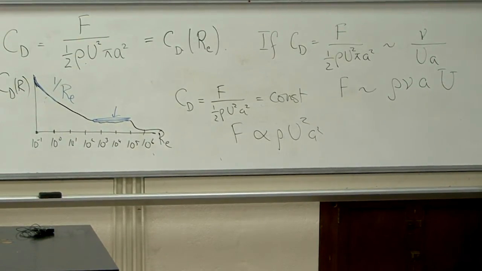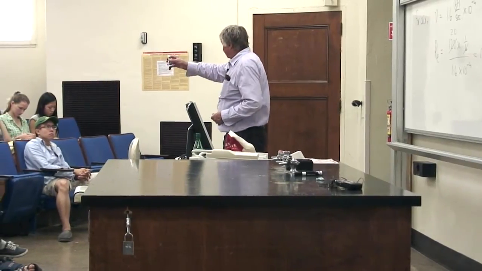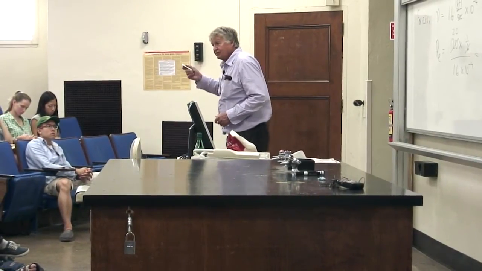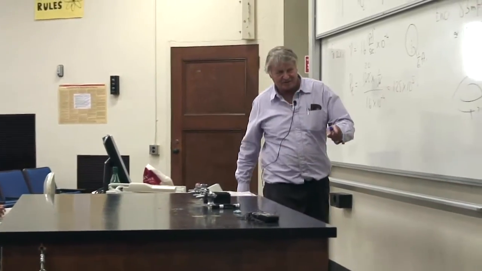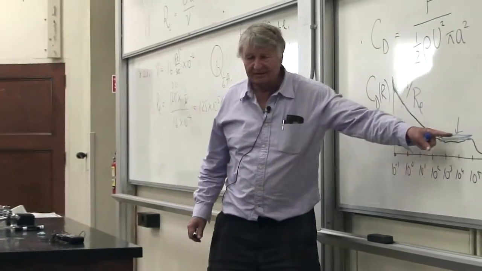The friction force at these large Reynolds numbers is independent of the friction. Even if the friction goes all the way down to 0, very small, or if the friction was very small or a little bit less small, the friction force doesn't depend on it over a large range of these Reynolds numbers.